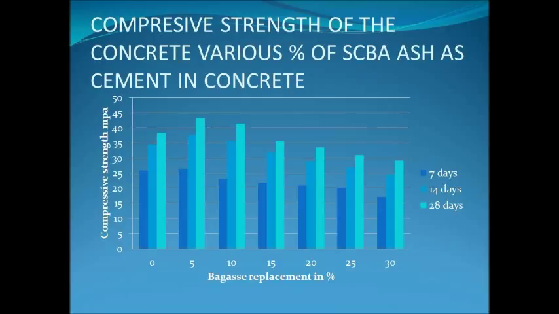The graph shows the y-axis as compressive strength in Newton per square mm and the x-axis as Bagasse Ash replacement. It confirms the optimum percentage at 10% and the maximum strength at 5%.